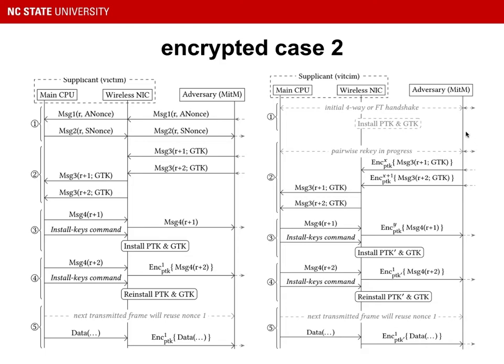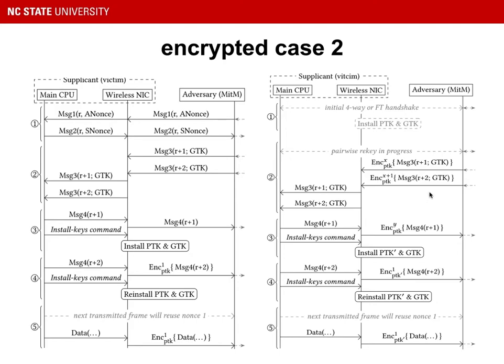Even after a successful four-way handshake, sometimes the pairwise rekey has to happen. And every time a pairwise rekey happens, this kind of message will be sent out, and then the attacker can capture it.